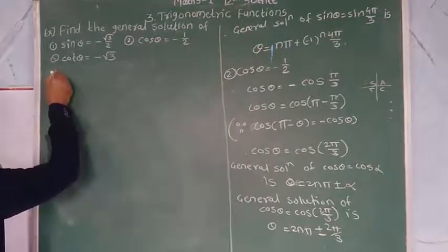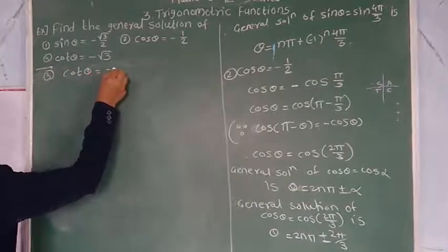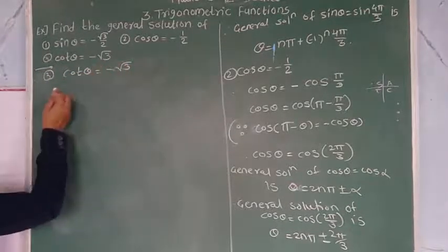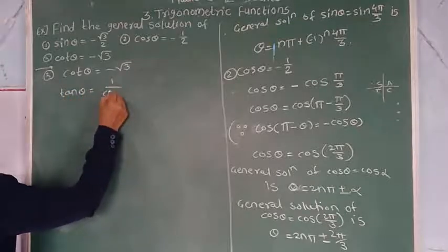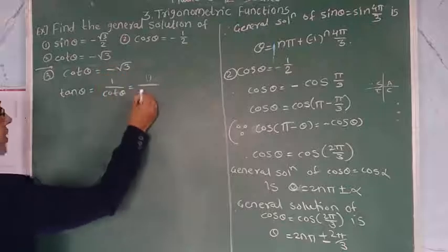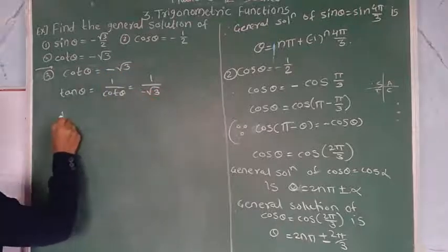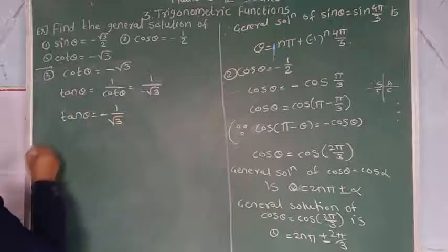Now the last, third example is cot theta is equal to minus root 3. So tan theta is equal to 1 upon cot theta. So 1 upon cot theta is minus root 3, and tan theta is equal to minus 1 upon root 3.